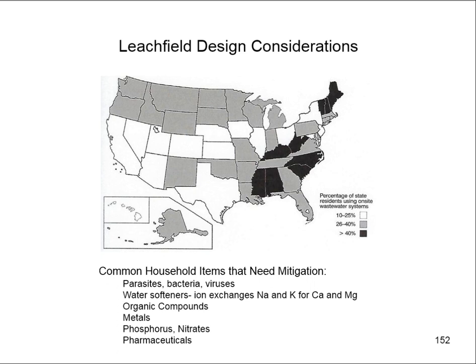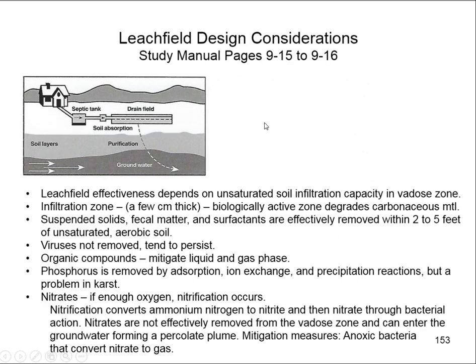If you just take, for example, insulin, it's a hormone, and with 20% of the population having diabetes, we're excreting that insulin and it gets into the water, and the fish in the Chesapeake Bay have the characteristics of both male and female from the high levels of hormones. These are not being filtered out from our leach fields. So that could be a future concern.